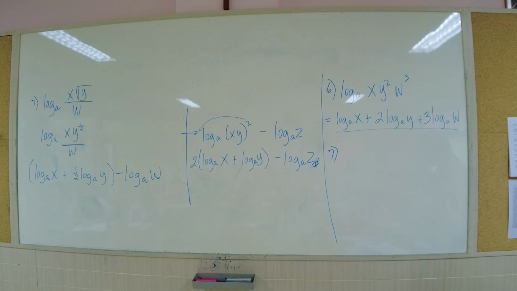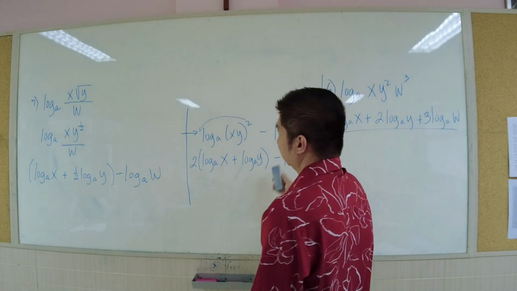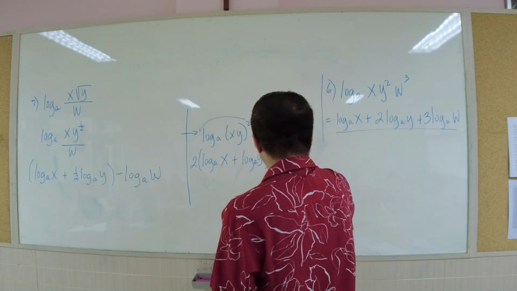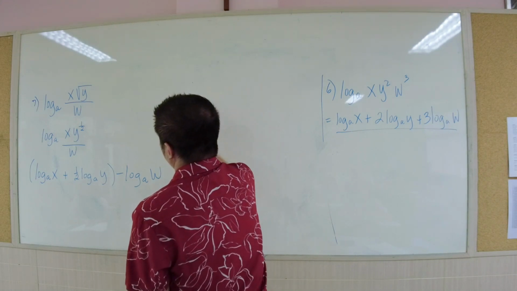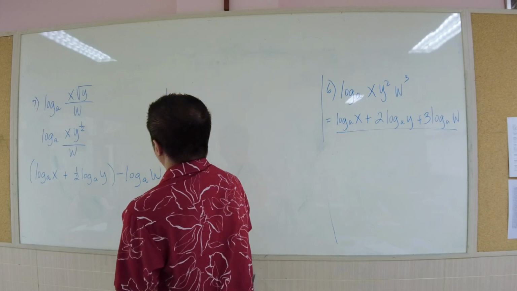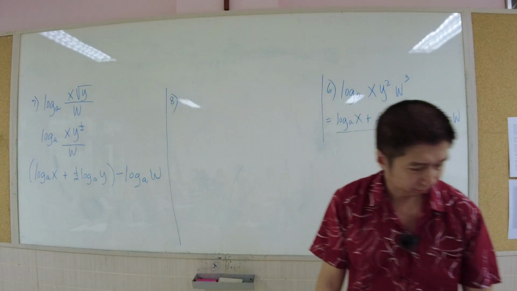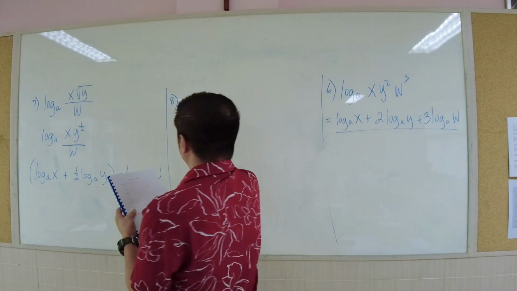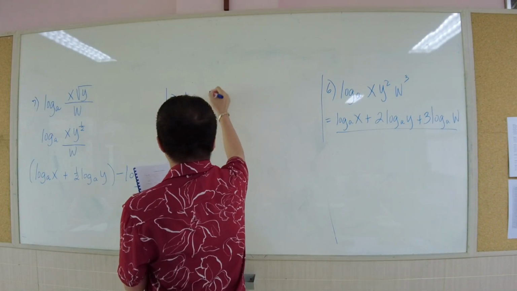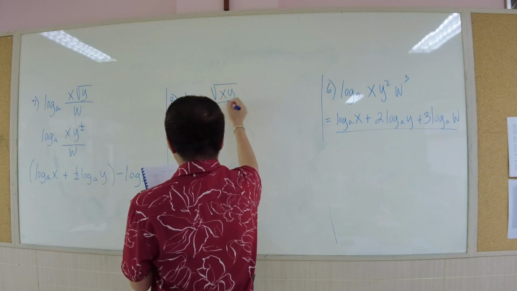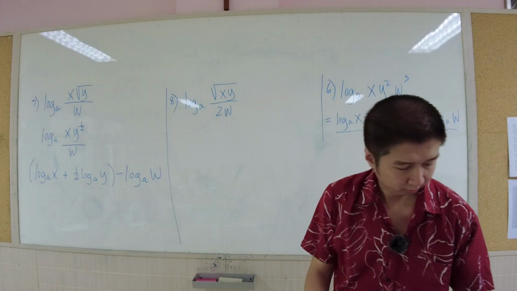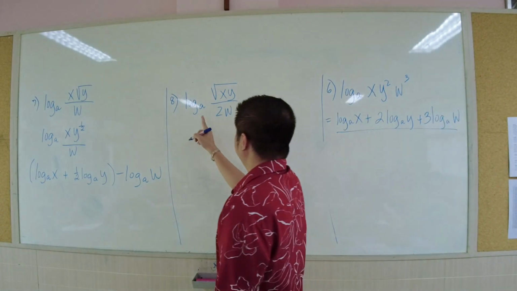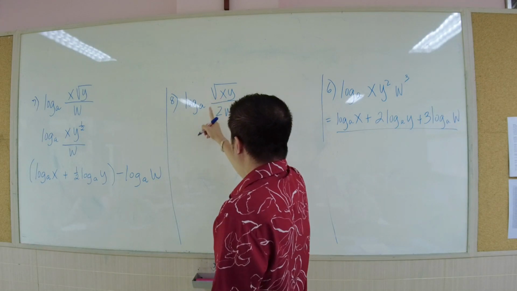This one, number 8. Both x and y are inside the square root. Next, again, let's convert first into exponent.